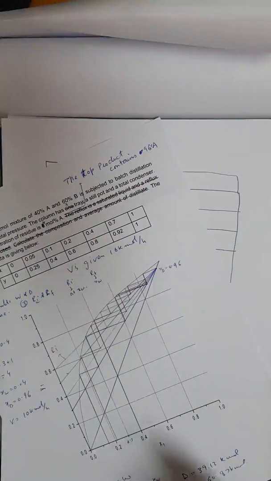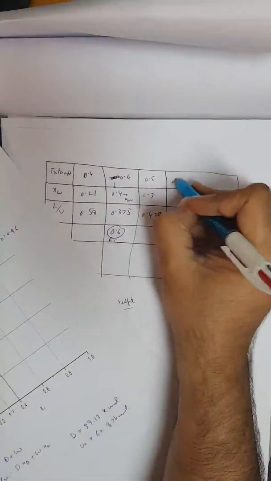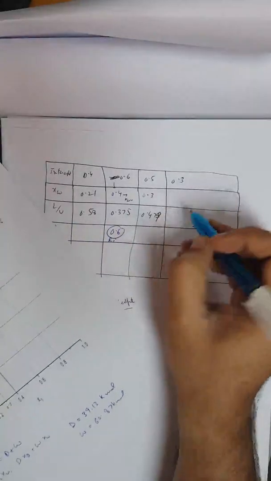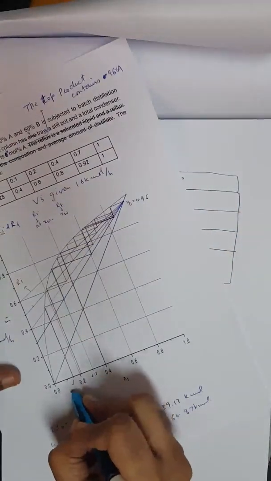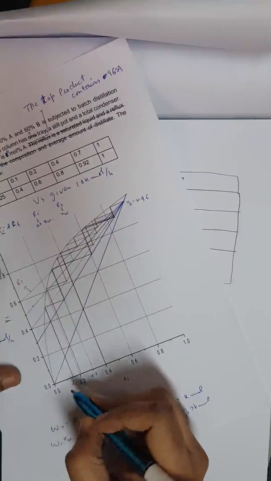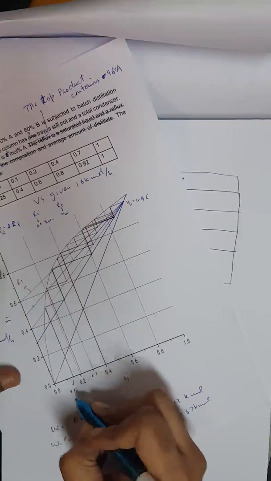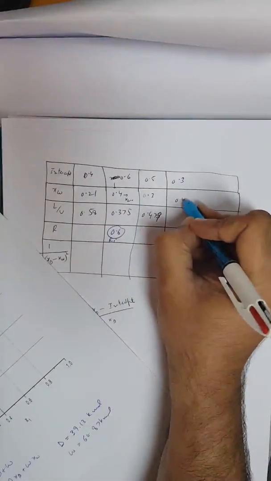So you see here, I got another value at 0.3. The intercept 0.3, and I got 0.15, 0.14. So I got 0.14.